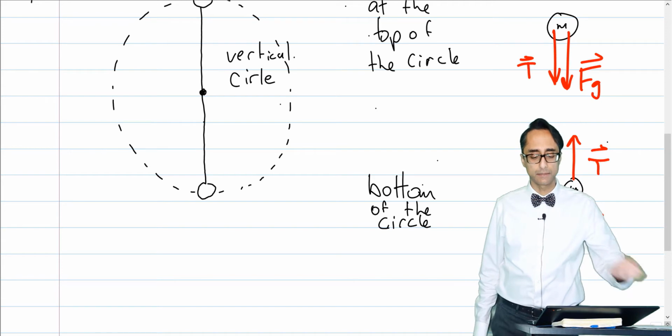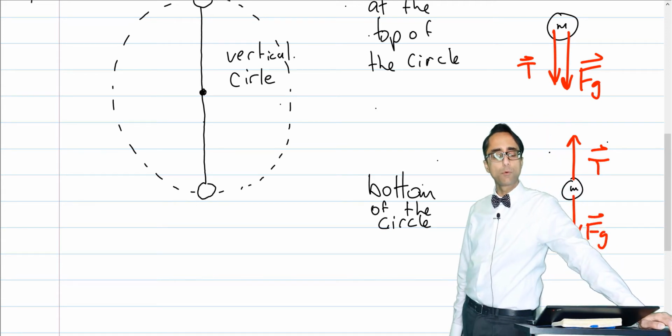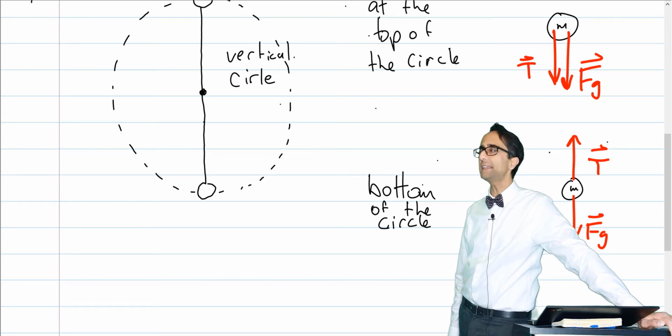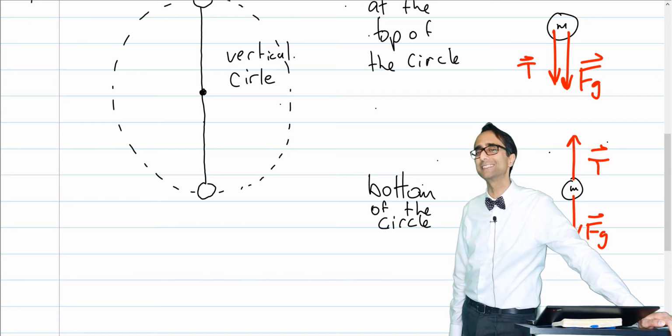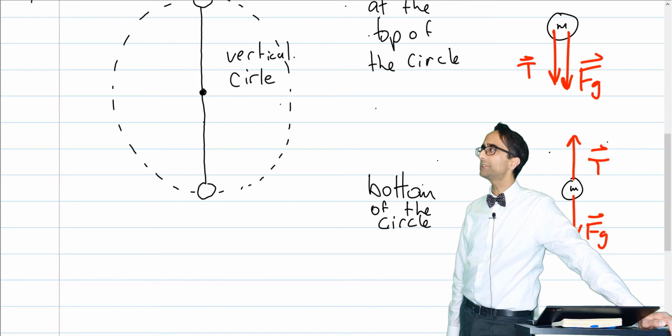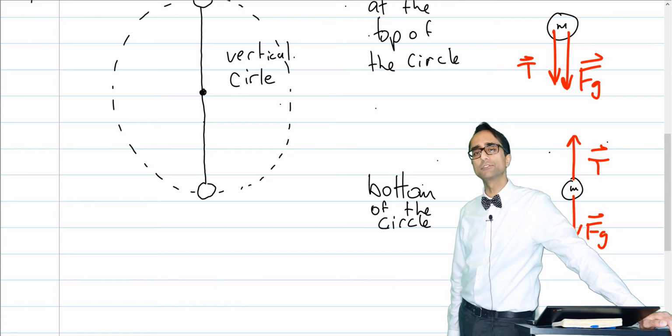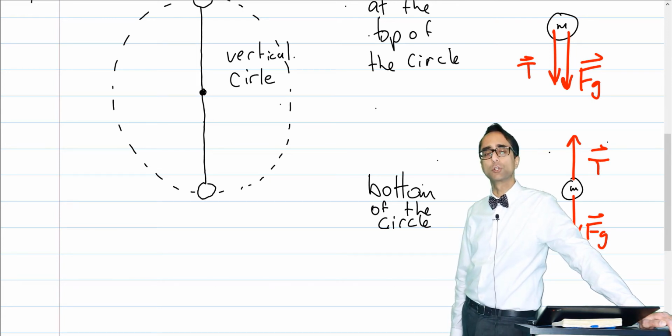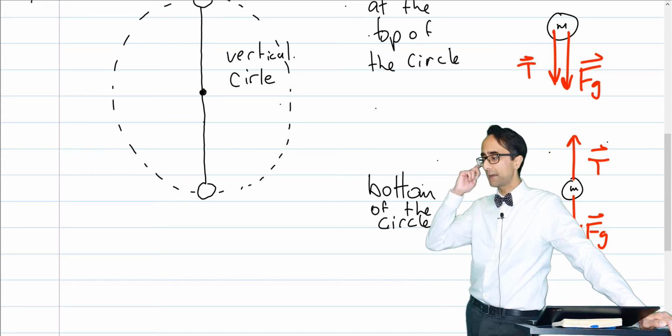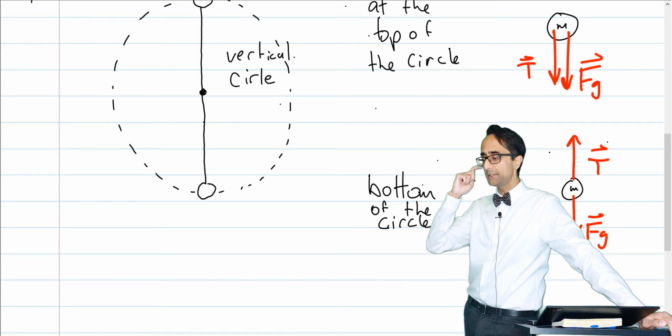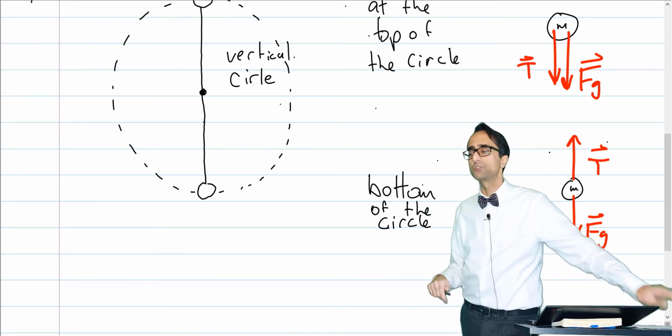Okay, very interesting. It seems to make sense for the yo-yo, but tension is always a little bit easier to see, isn't it? Let's do an example where we don't have a string that's forcing us to go along this vertical circle. Let's think of a vertical circle you can make without tension. Let's do an airplane.